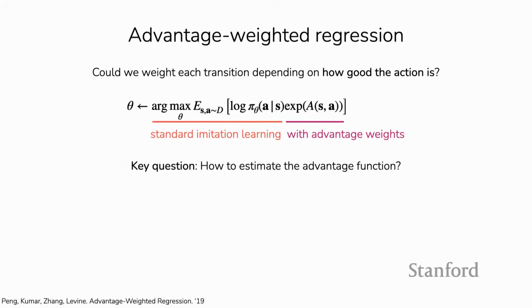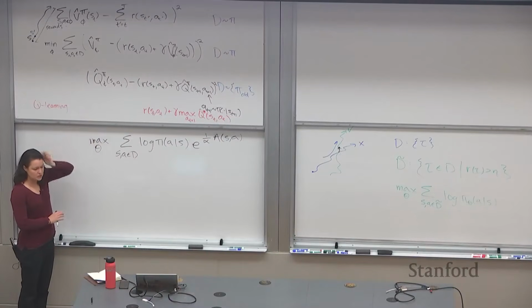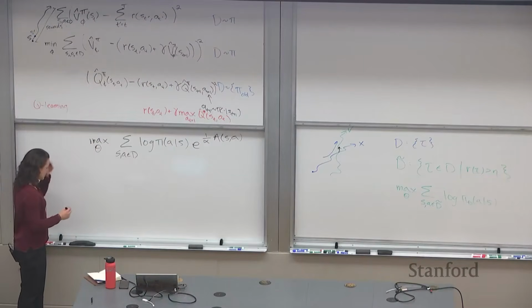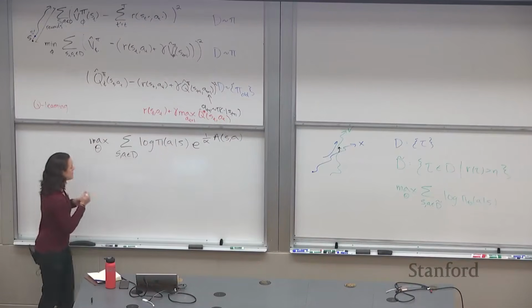Okay, so the first way that we can estimate the advantage function will look very similar to what we saw before, but there are a couple of other considerations. So let's say, maybe I'll do this in a new color, version 1.